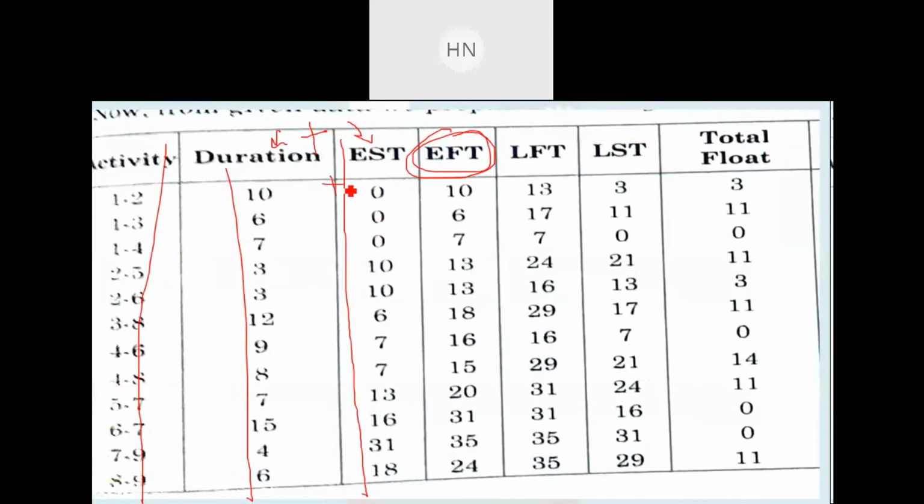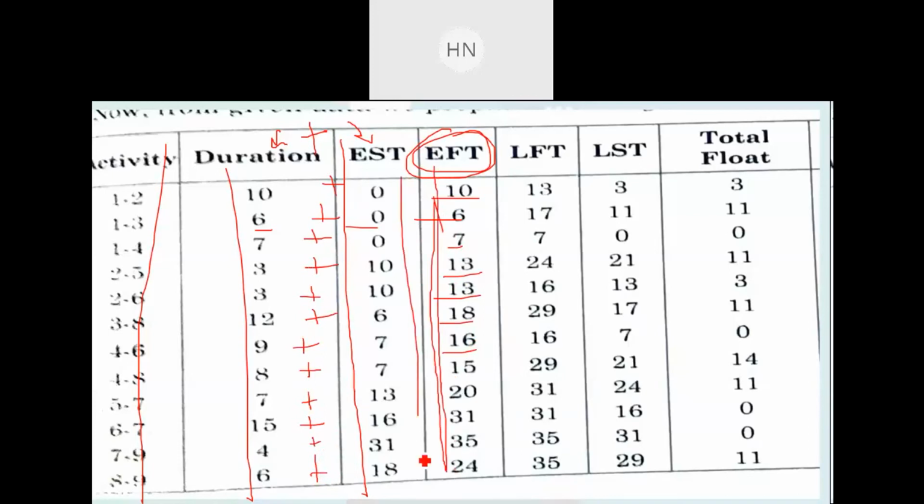So 10 plus 0, that is 10, 6 plus 0, that is 6, 7 plus 0, that is 7, 3 plus 10, that is 13, 3 plus 10, that is 13, 12 plus 6, that is 18, 9 plus 7, that is 16. So in this manner you need to add all duration plus earliest starting time, and you will be getting the earliest finishing time. So these two columns are completed.